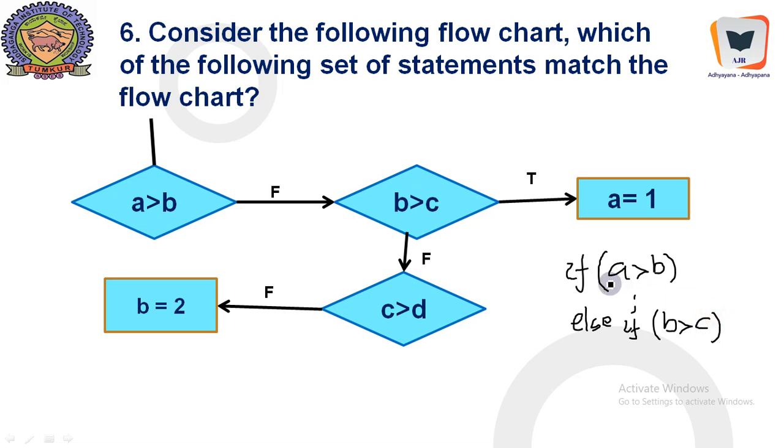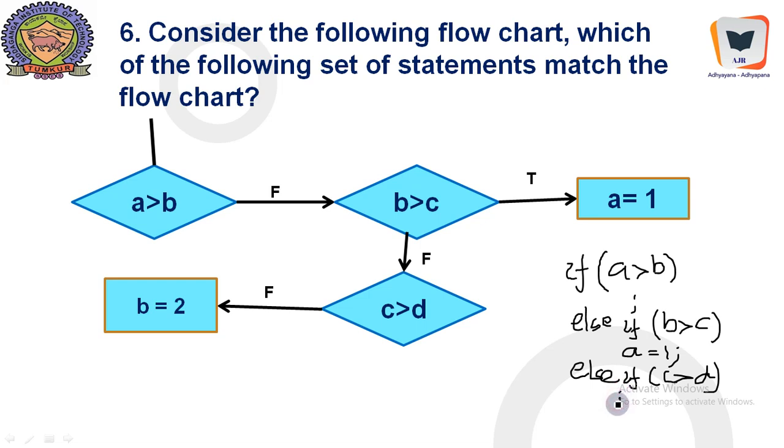If it is true, then A should be equal to 1. If it is false, there is another condition. Therefore, else if C greater than D, then if this becomes true, there is no answer, that is, there is no option.